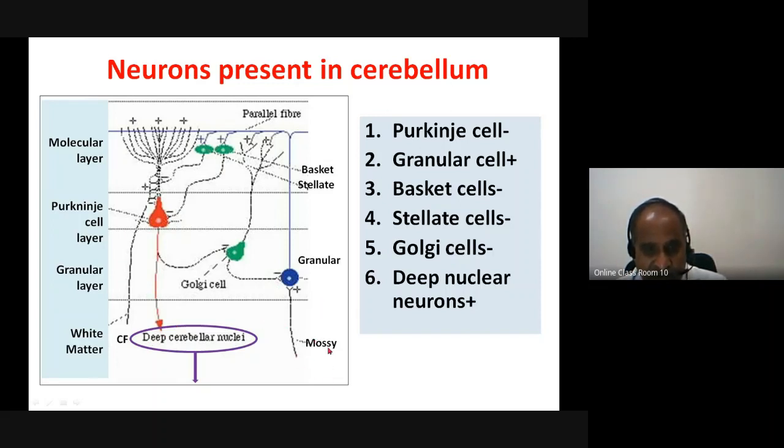Now these are the mossy inputs from the rest of the areas, and these are climbing fibers. They are like a creeper going up, and they are only for the Purkinje cell. These are the neurons. In the cerebellar cortex, there are 5 neurons: Purkinje, granular, basket cells, stellate cells, and Golgi cells.